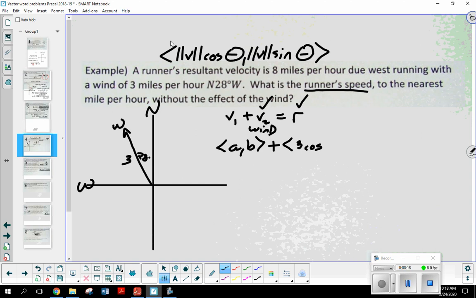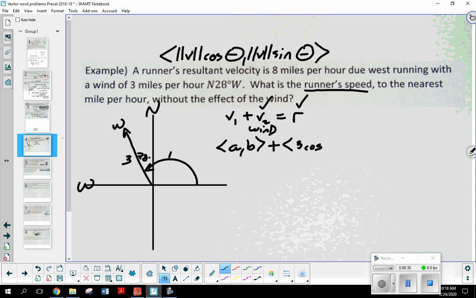But remember, what did I just say about the formula with respect to theta? It's always measured from what? It's always measured from the positive x-axis. So how can I easily find that value, Connor? There you go. So what is 90 plus 28? 118.